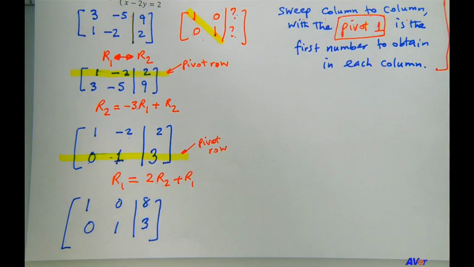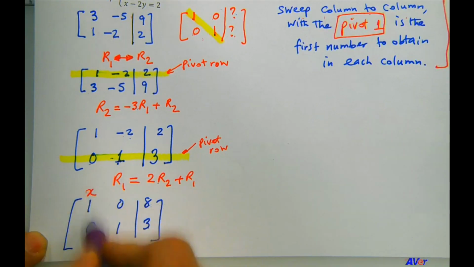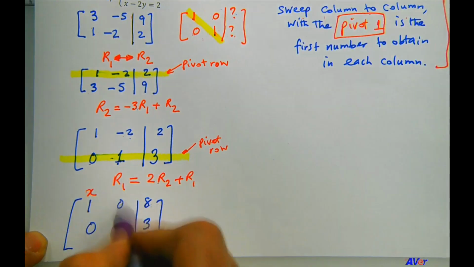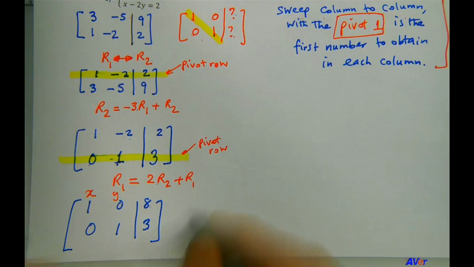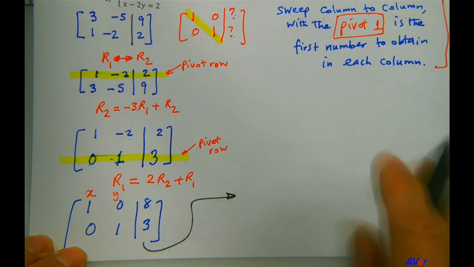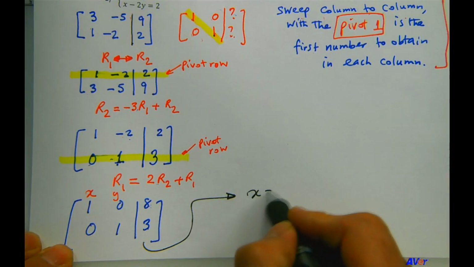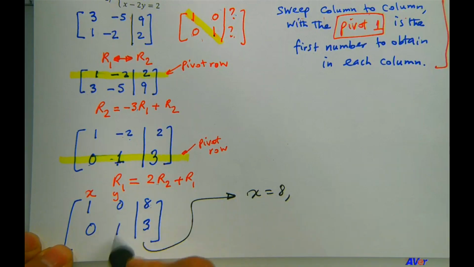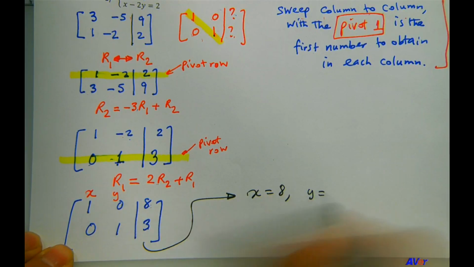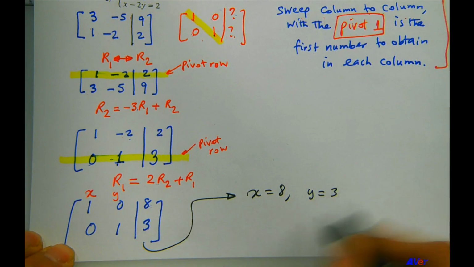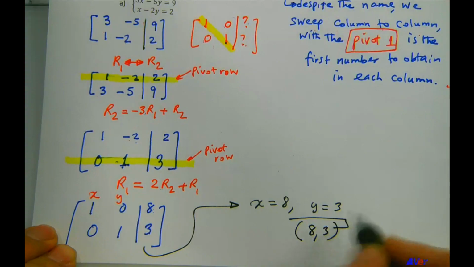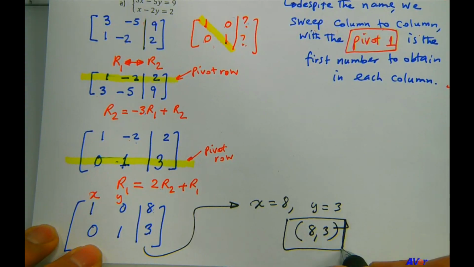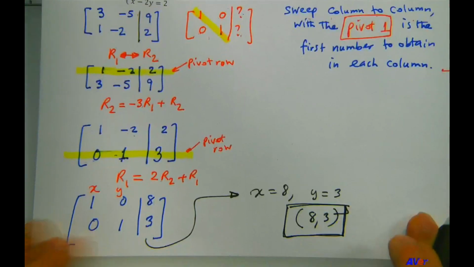Remember that the first column holds the coefficients of variable x, and the second column the coefficients of variable y. So x equals 8, and 1 times y is y equals 3. Therefore, the solution is 8 comma 3. That's the solution of the system.